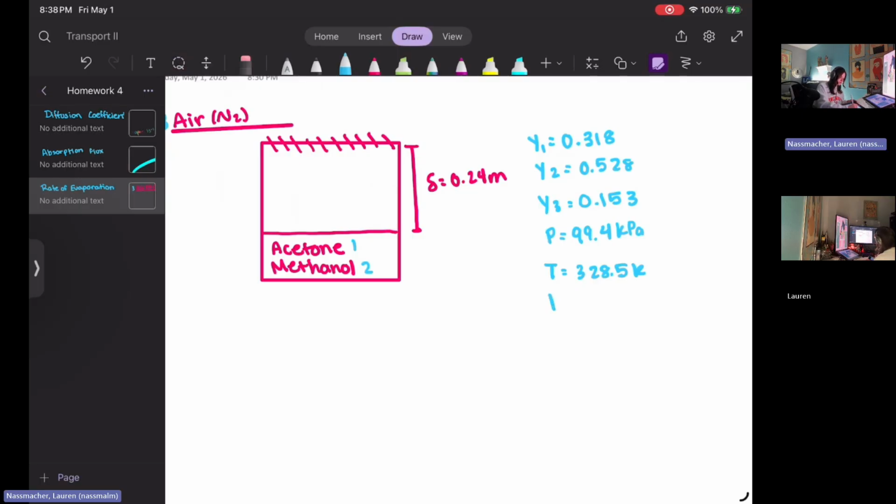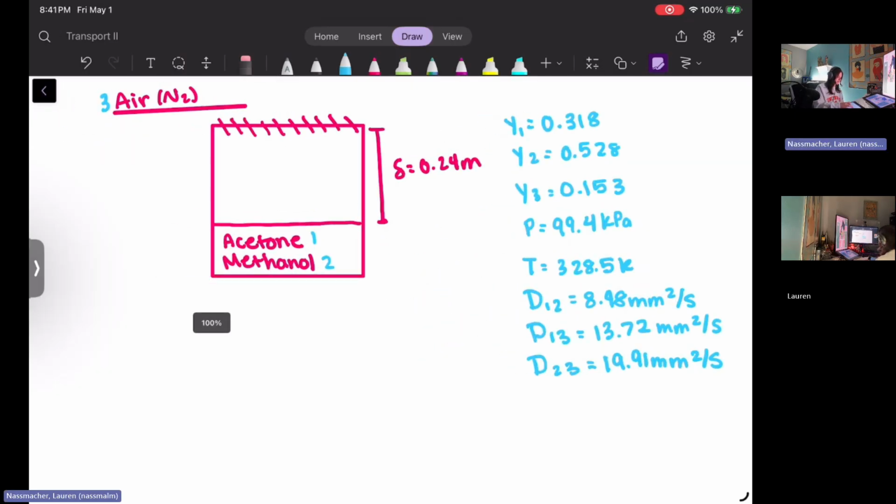Our diffusion coefficient from 1 to 2, which is our acetone and our methanol, is equal to 8.48 millimeters squared per second, and from 1 to 3, our acetone to our air, that's equal to 13.72 millimeters squared per second, and from the methanol to the air, which is equal to 19.91 millimeters squared per second.